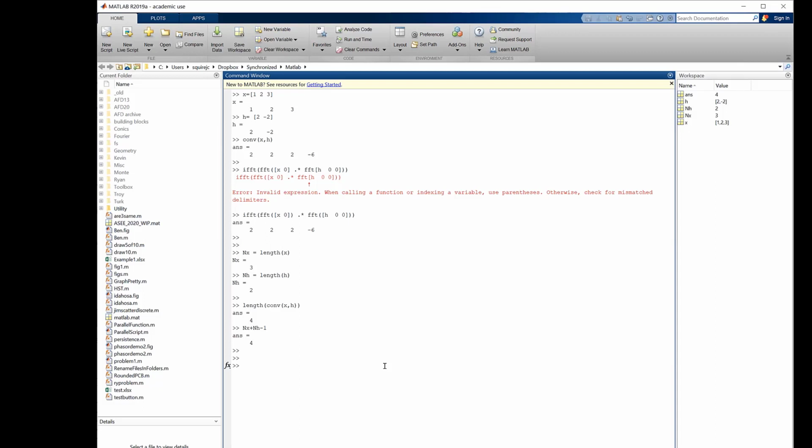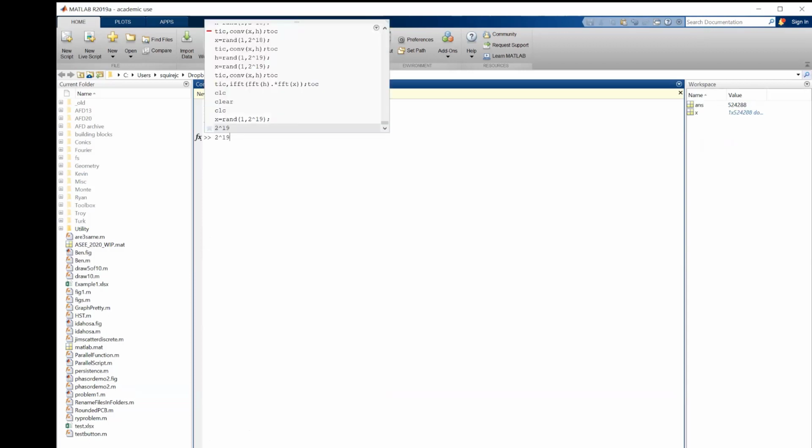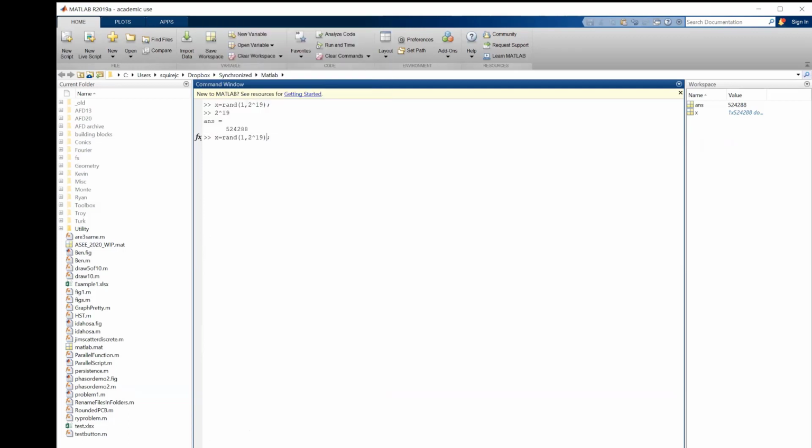But when you're doing really long ones, that order n squared thing just kills you. So let me give a practical example of how this works in MATLAB. Let's create a random vector x, and we'll say it's 2 raised to the 19th power in length. So it's pretty large, right? That's 500,000 samples.